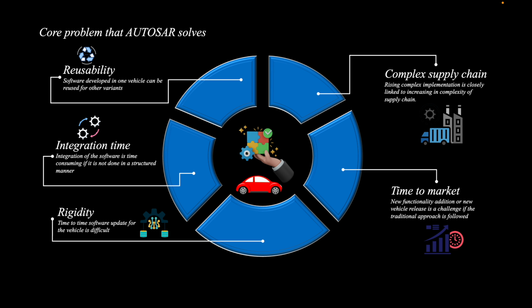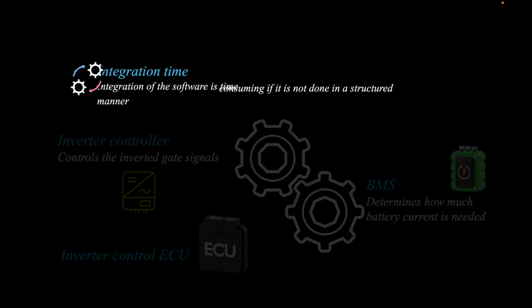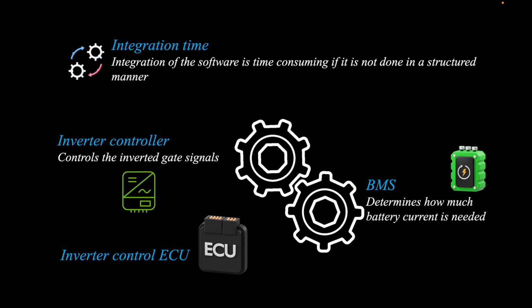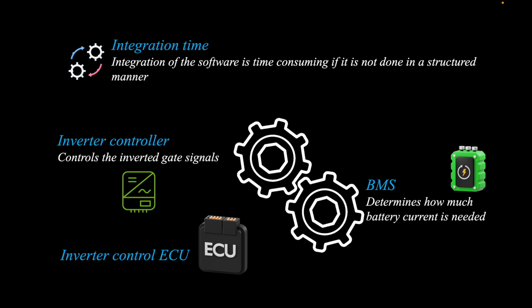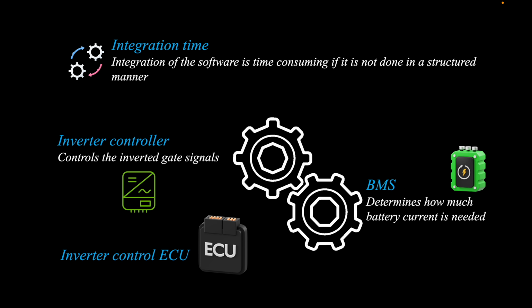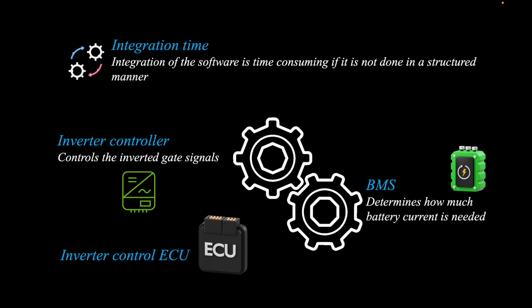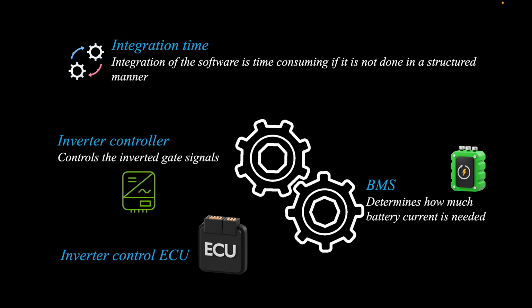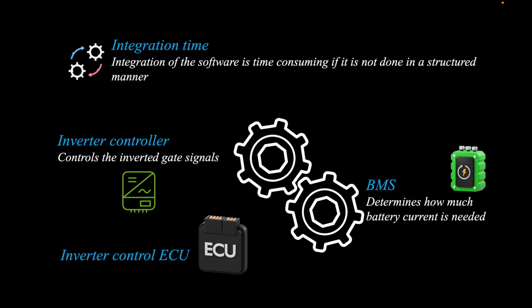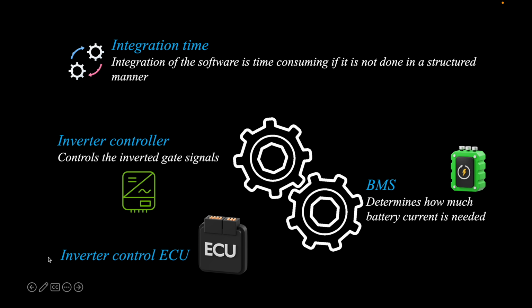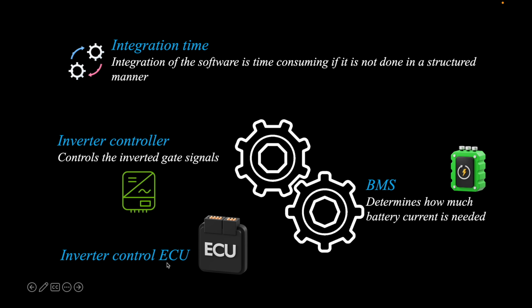Next is time for integration. What does time for integration mean? You develop one software component, then the next software component, then another software component. At the end, you try to integrate all of these, because these will be running in one ECU. Suppose you are developing an inverter ECU.